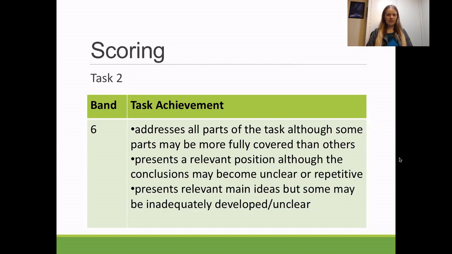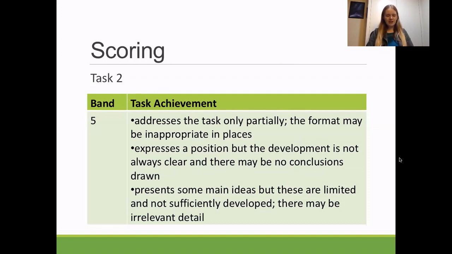The second point, you're starting to get a little bit unclear or repetitive. And the third point is to present relevant main ideas, but some may be inadequately developed or unclear. So again, you're starting to do all the right things, but you're not following through perfectly. There's a lack of focus or a lack of detail, and you're not explaining things as well as someone who gets a score of 7, 8, or 9.